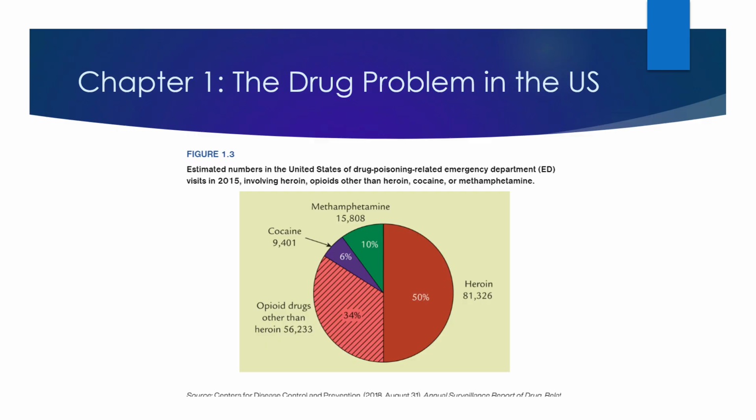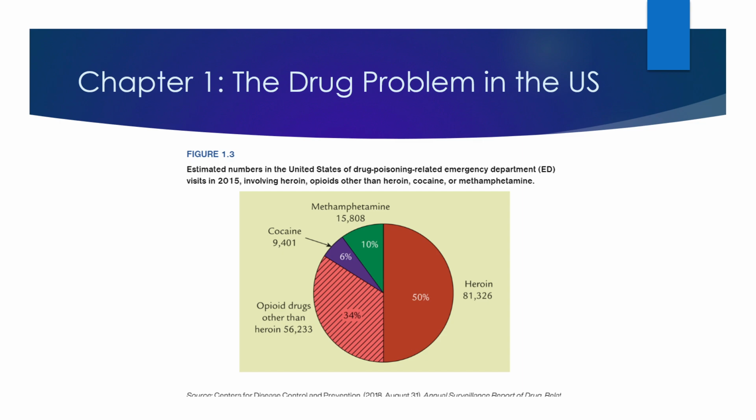We want to show that heroin is the most common of these drugs listed that result in a visit to the emergency room. So opioids are particularly dangerous drugs, both the naturally occurring ones and the synthetic lab opioids. You can see that from the graph here.